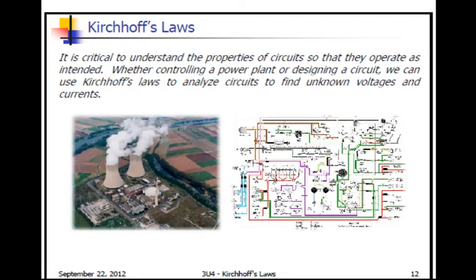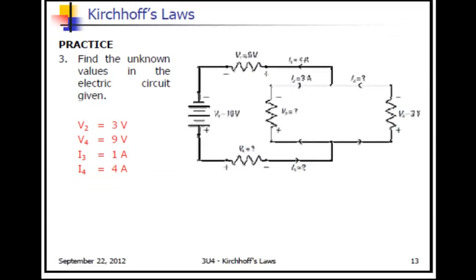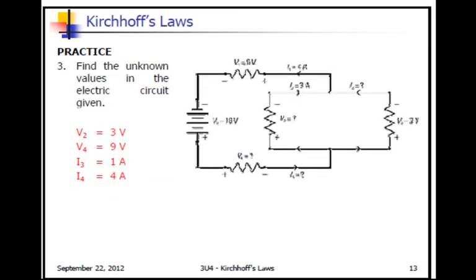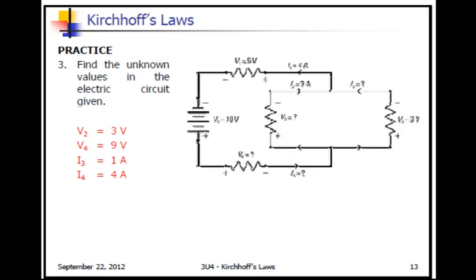It's critical to understand the properties of circuits so that they operate as intended. Whether controlling a power plant or designing a circuit, we can use Kirchhoff's laws to analyze circuits to find unknown voltages and currents. And this looks like a really complicated circuit diagram. We did talk about series and parallel circuits, but there are more complicated circuits as well.